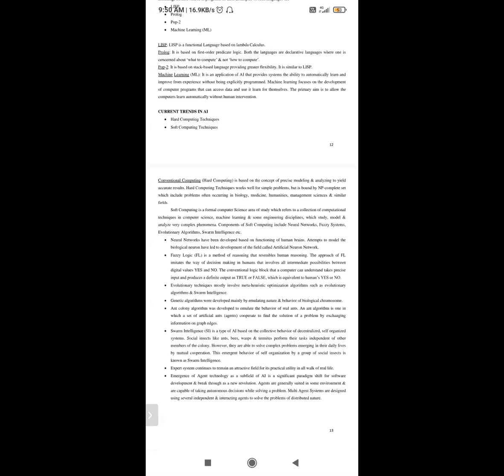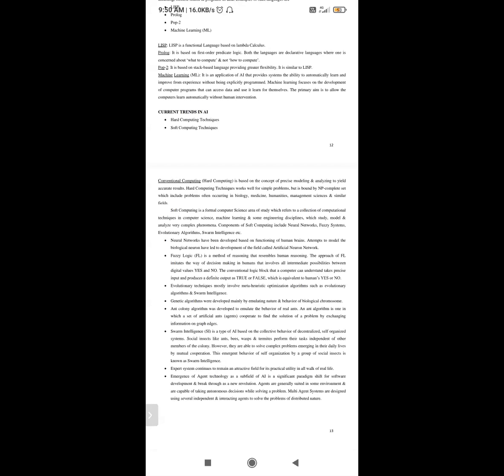So yes in our view is true in the computer's view, and if it is no in our view, then from the computer's point of view, it is false. It means true equals yes, false equals no. So this particular fuzzy logic is based on human reasoning.